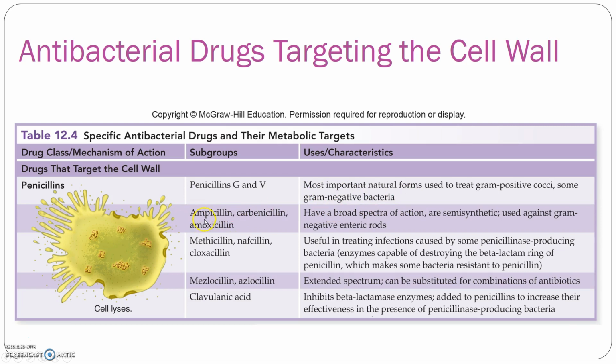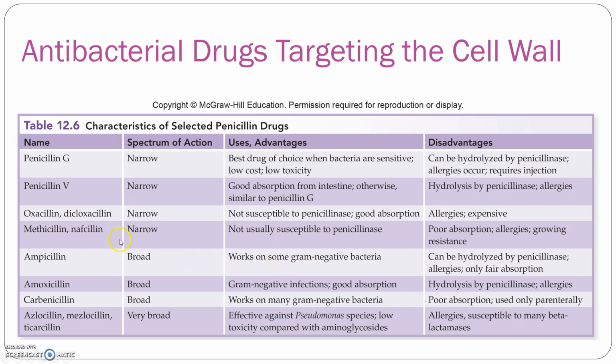Ampicillin is a class that we use in the lab. This particular class is semi-synthetic, and it's usually used against gram-negative enteric rods. So if you recall, this is one we use to kill off E. coli. And then there's some more penicillin subgroups.